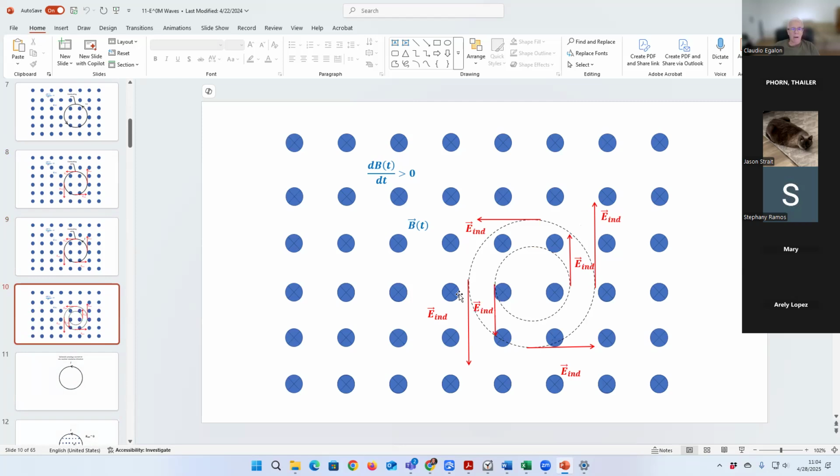Okay, so here you go. We have an electric field induced everywhere in space where the magnetic field is changing, we end up having an induced electric field, this invisible quantity that's difficult to measure, even today.